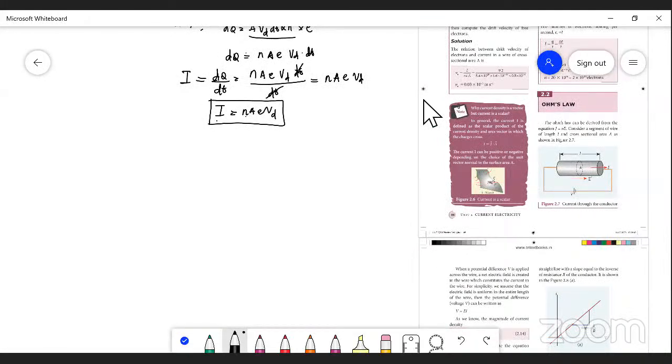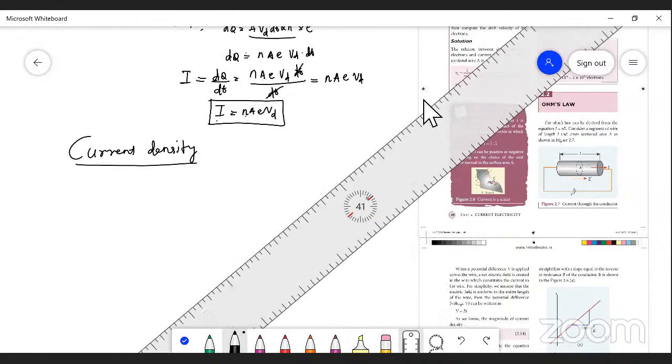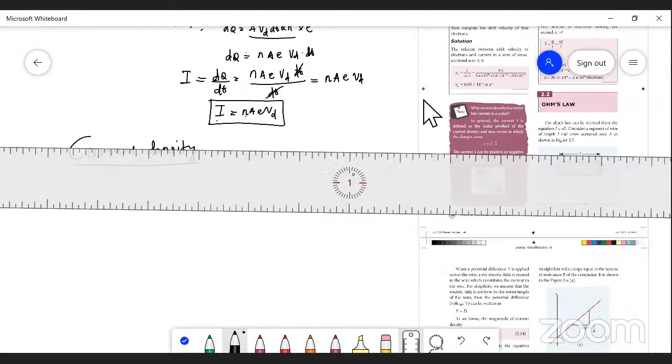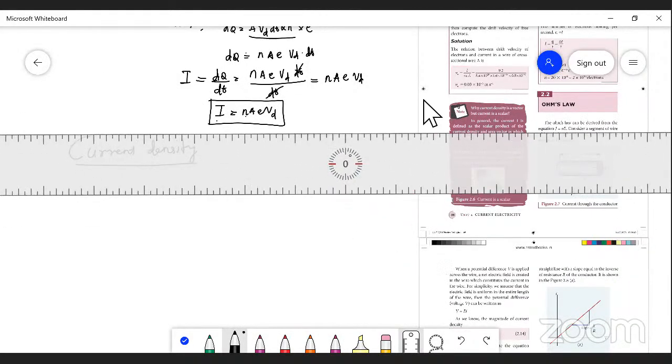Now we shall speak about the relation connecting current density and current. What is current density? If you look at the definition for current, it is the rate of flow of charge through a given cross-sectional area of a conductor.